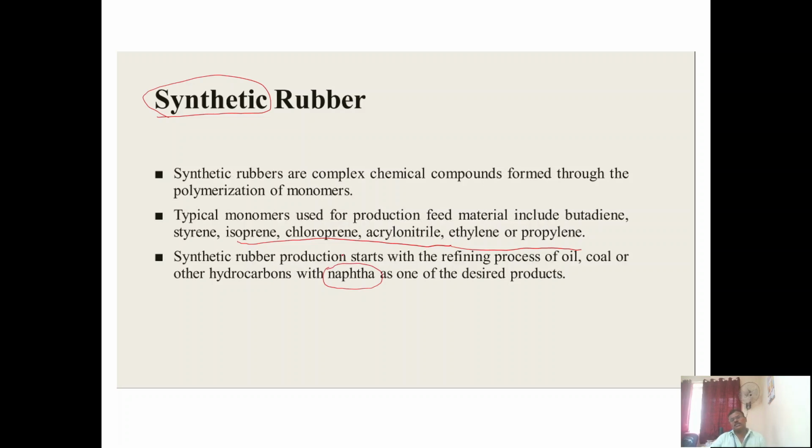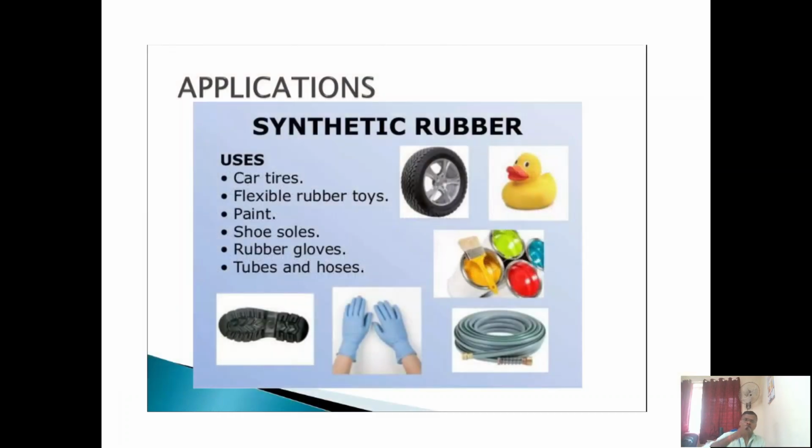Among those products, naphtha is one. The other products are diesel, petrol, wax. So many other materials are there. Applications of synthetic rubbers: it's used in toys, tires, rubber pipes, hand gloves, shoes.